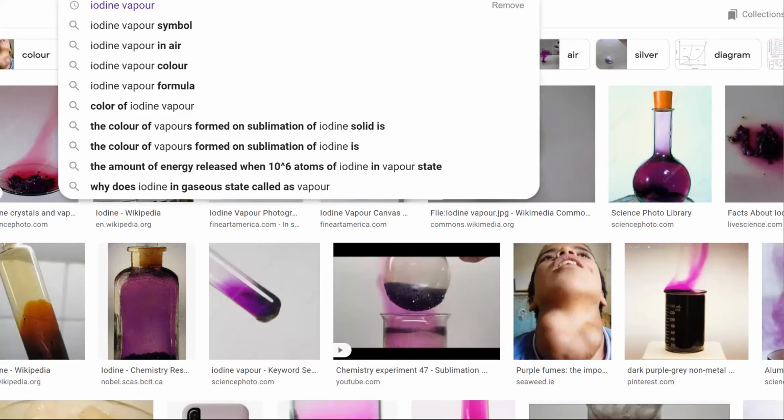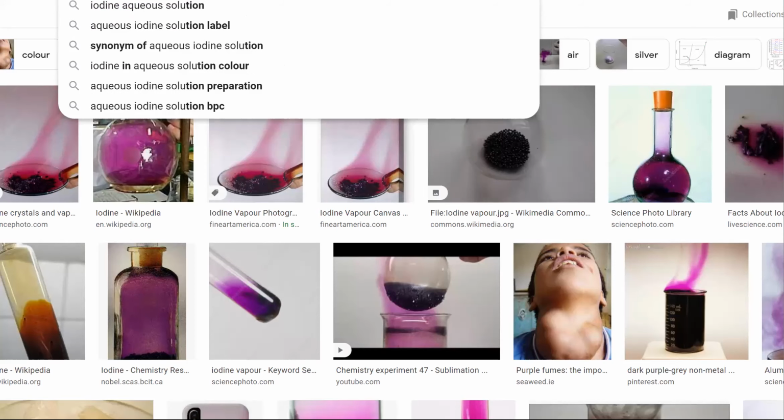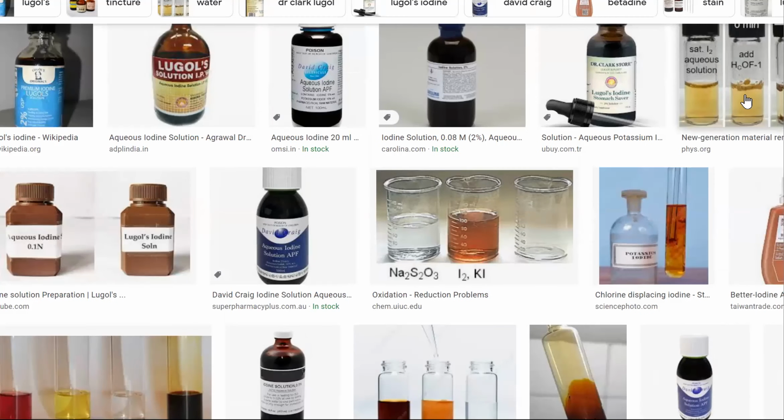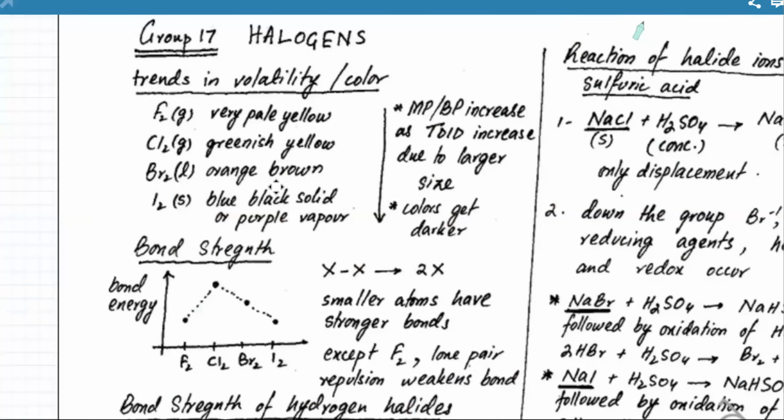And if you look at iodine aqueous solution, then that aqueous solution is brown in color. This is iodine, so it is brown in color. So it's got three colors actually. So remember this about iodine: blue-black solid or purple vapor. I'm going to add the one that's missing, and that is that it is brown in the aqueous state.